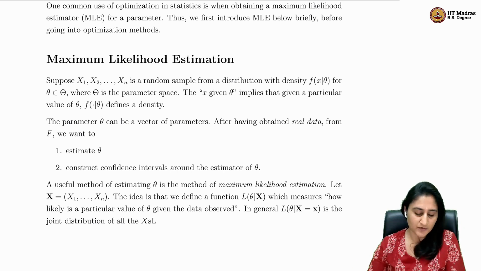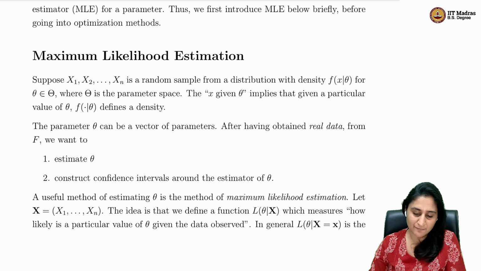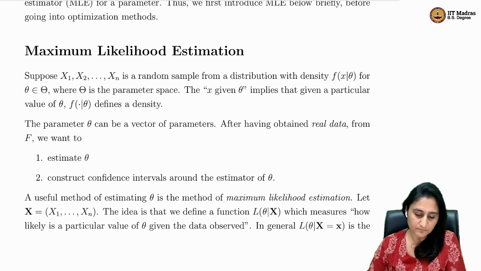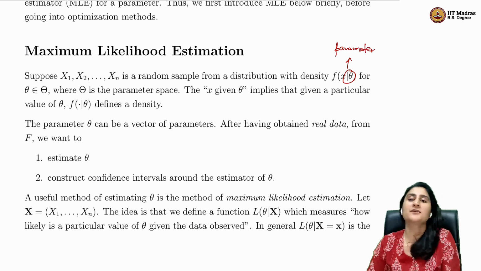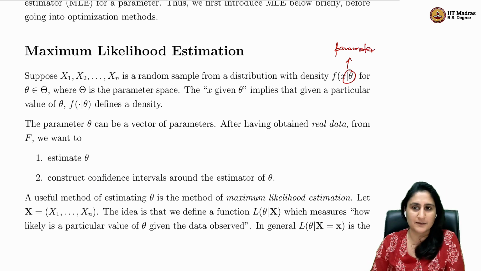So, with that thought, suppose x1 up to xn is a random sample from some distribution with density f of x given theta. That means this is my random sample and it comes from some density f of x, where this given theta over here means that this is a parameter that's pertinent to the model, or a parameter that we might be interested in estimating.